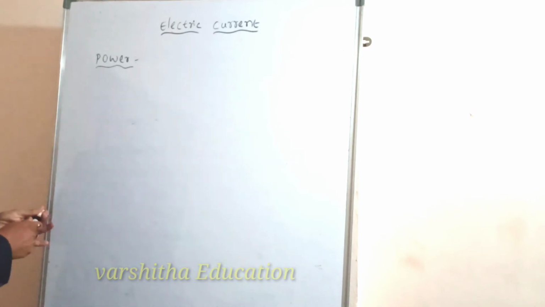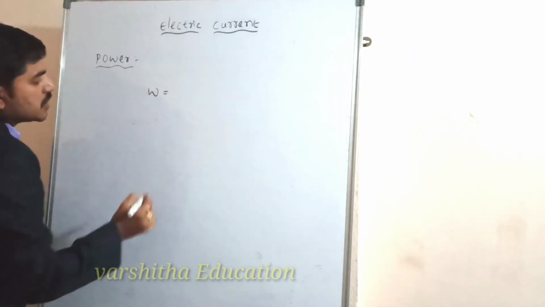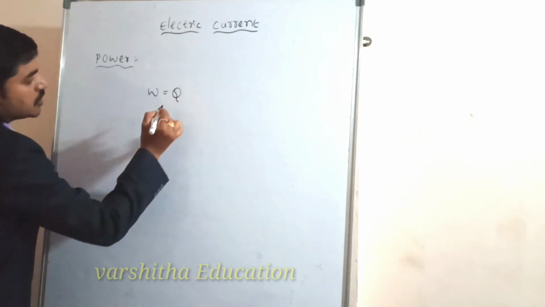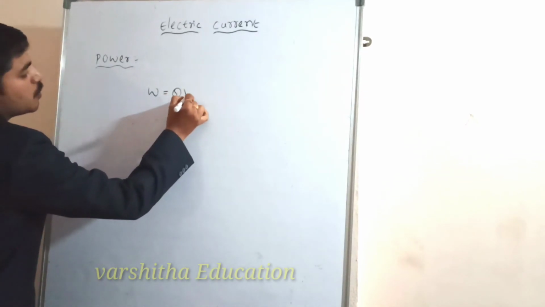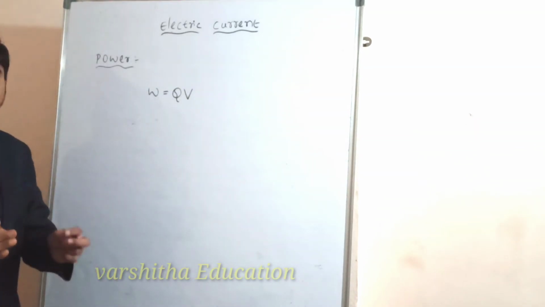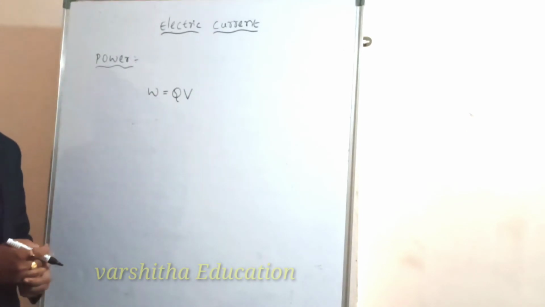So how do we calculate power? We already know that work W is equal to the charge Q multiplied by the potential V. So W is equal to Q into V is one formula to find the work value in a particular electric conductor.